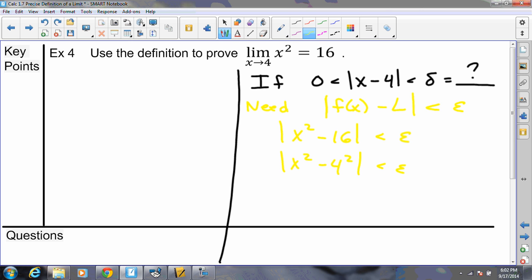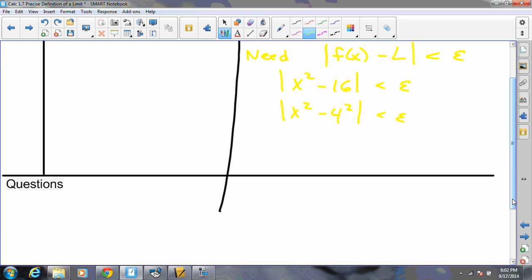So we can use the difference of squares formula and say x plus 4 times x minus 4. Using the triangle inequality, we can split this part up. Actually, I should rephrase, it wasn't the triangle inequality, but this is the part that we need to be true.